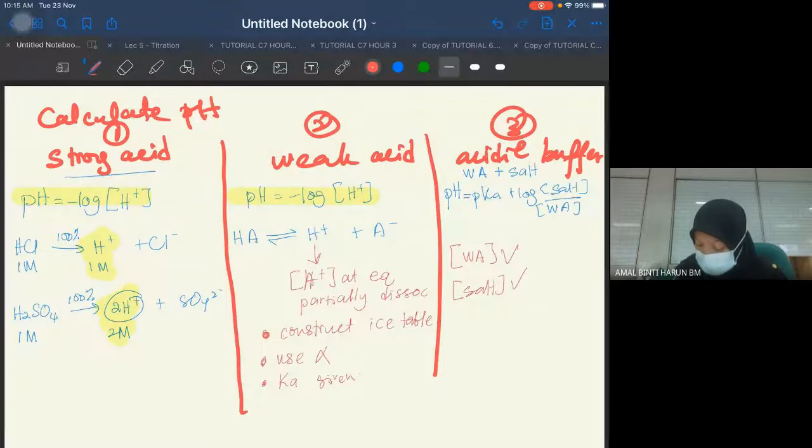Okay, so dapat ni barulah kita masukkan dalam formula ni. Okay, so sekarang ni sedar tak kewujudan 3 situasi ni? Walaupun soalan dia tanya sama je, semua tanya pH, what is pH, what is pH, tapi cara kira tak sama kan?